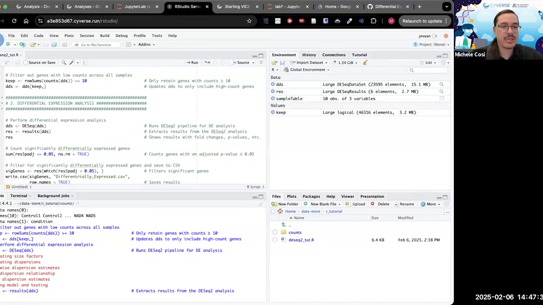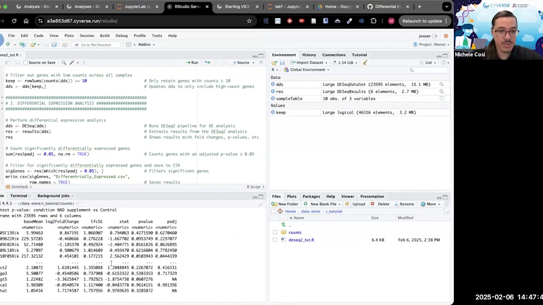And I do think results is part of the DDS framework, the list of functions. So I'm going to click on res to bring up this little data frame. But what are we looking at?